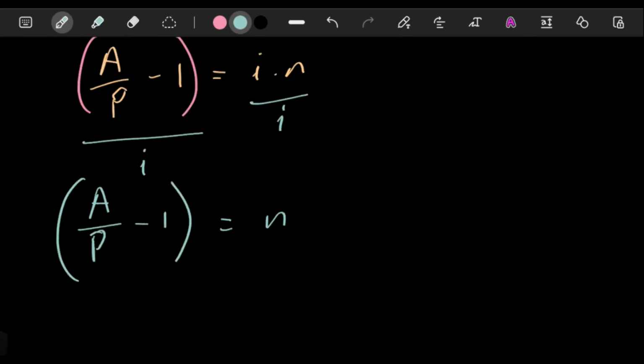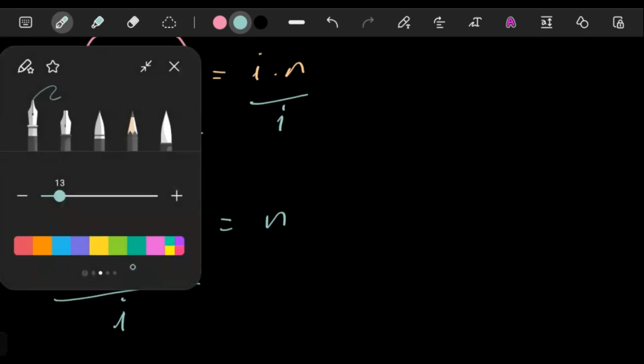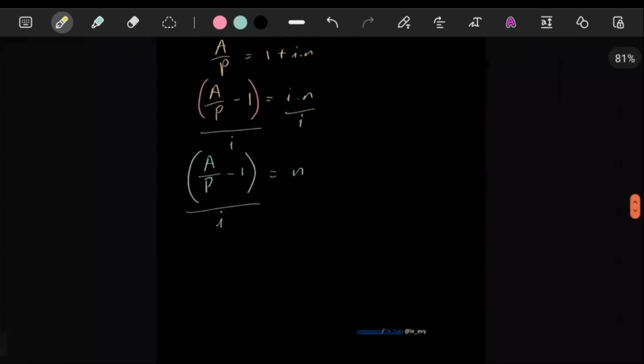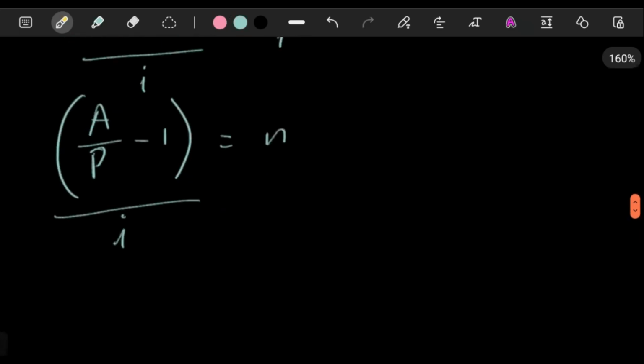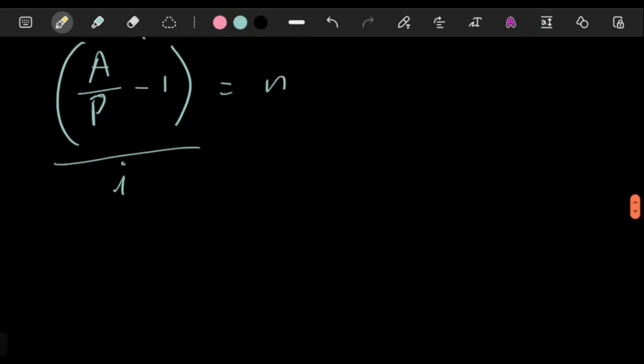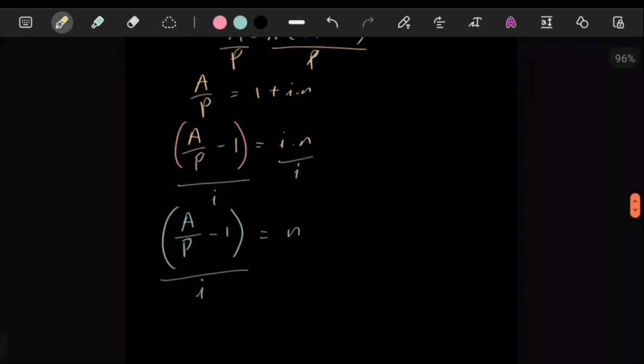You just want to get used to it, because your calculator does all that work for you anyway. It's just a matter of pressing the fraction button once, putting brackets, pressing the fraction button again, putting numbers, and then minus 1. There's really no reason to be disturbed by things like this.